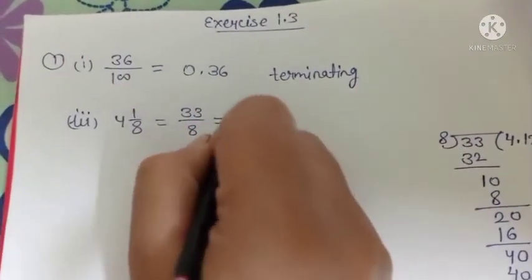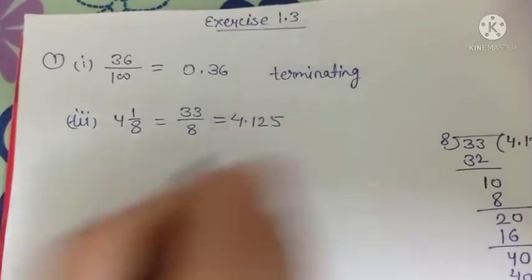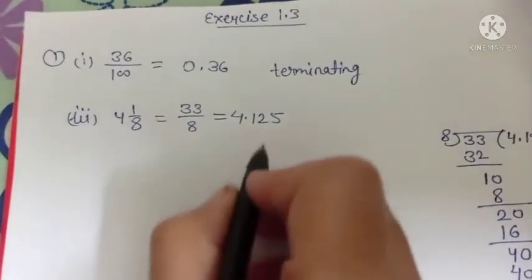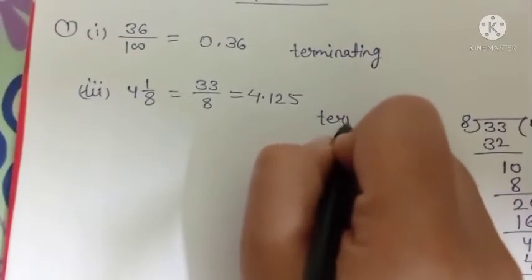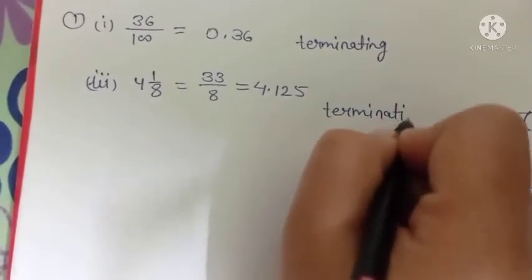Then it becomes in decimal form 4.125. This is also a terminating decimal.